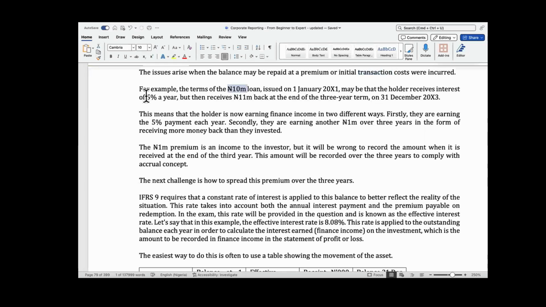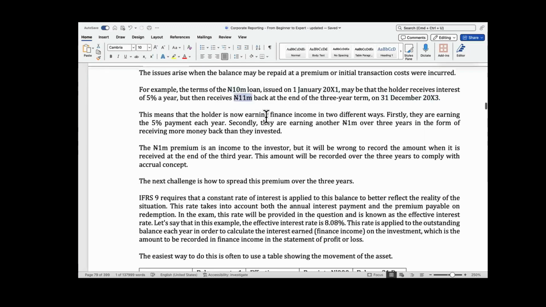The person said they will give you 5%, but then they're going to give you 11 million back at the end of the 3 years, on 31st December 2003. So in this case, you're collecting much more than your initial 10 million. Now you're getting back 11 million.